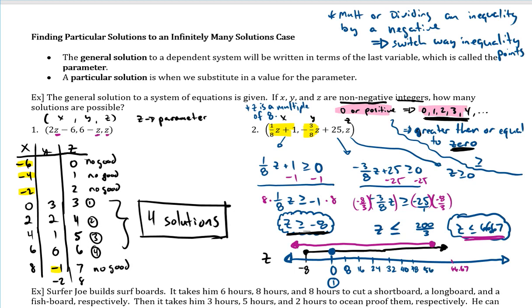The next one is 56. And then the next one would have been 64. And after that is bigger than 66.67, so it would be 72, and so now we no longer need it.